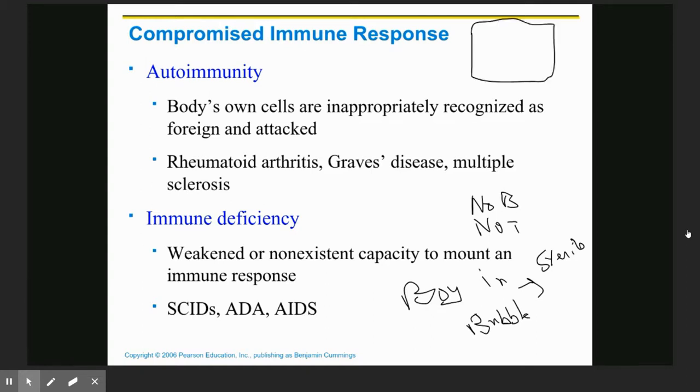And in order to touch him, you had to use these gloved hands that went through these portals. His food was sterilized before it was given to him. There wasn't a single thing in it that was alive. And he could leave his house, but he had to leave his house in kind of a hamster ball. And so he spent his whole life basically not touching anybody.